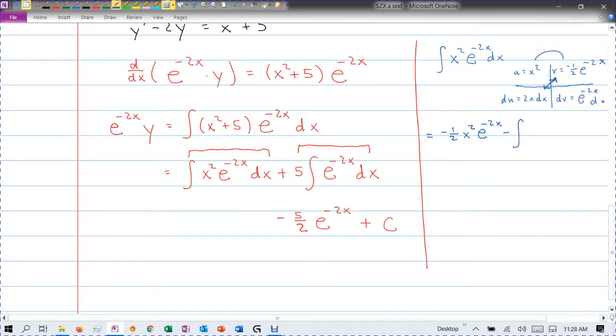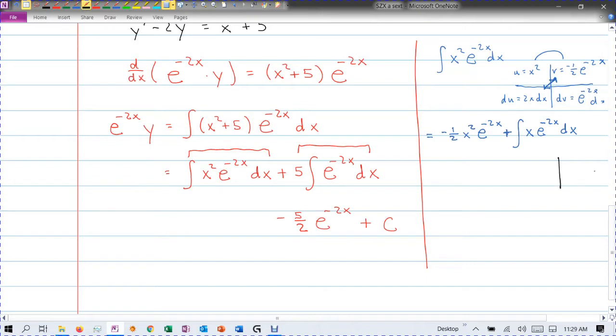So those 2's cancel, but I still have a negative, so I'm going to bring the negative out and make this a plus. And then I'm going to have x e to the negative 2x dx. So our integral's gotten better, but we still have to do another integration by parts.